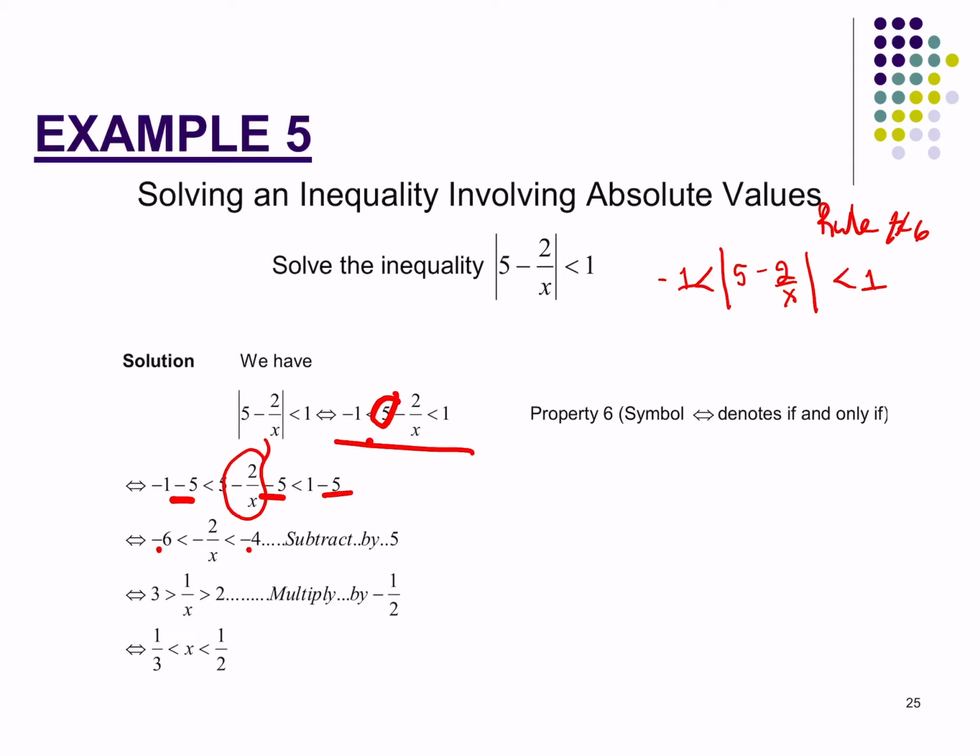It's still the reciprocal of x. Then you have to apply the reciprocal process, not just to the numbers. From 3 it will become 1 by 3, from 2 it will become 1 by 2, and for 1 by x you also apply the reciprocal, which gives x. Therefore, we know that the interval for x lies between 1 by 3 and 1 by 2.